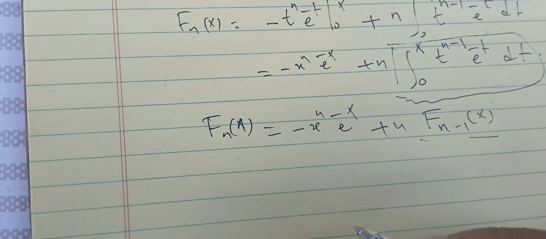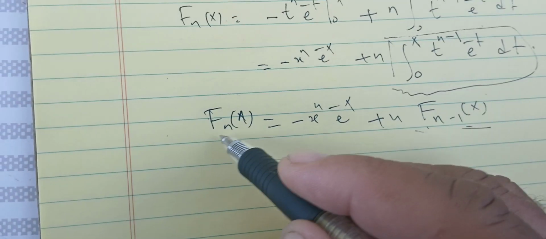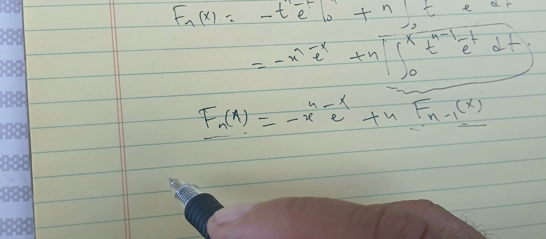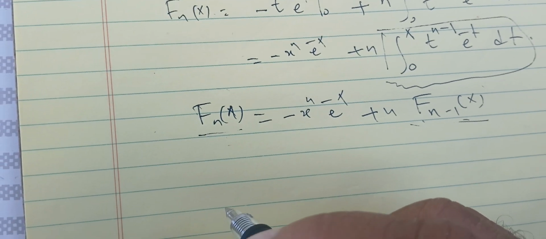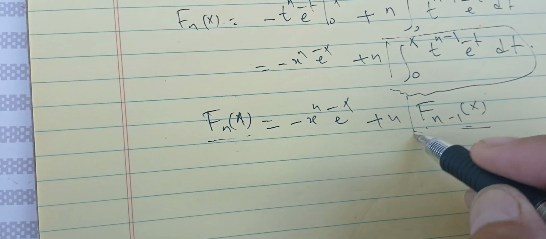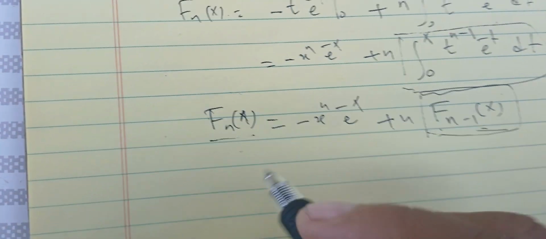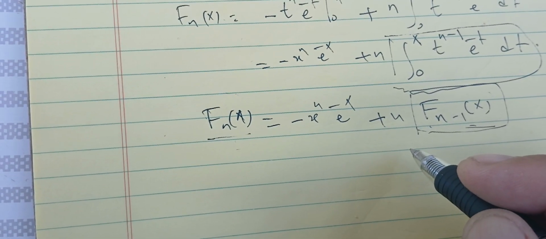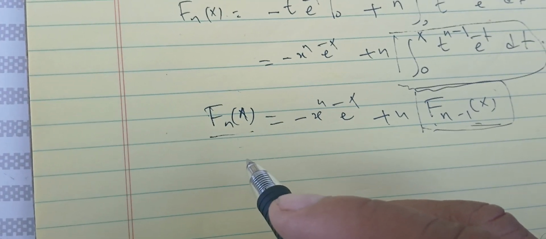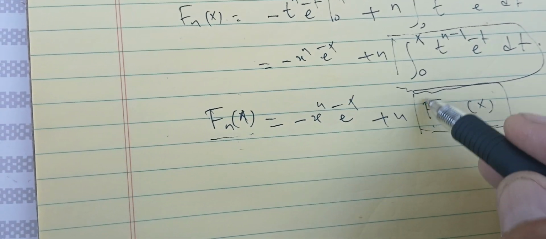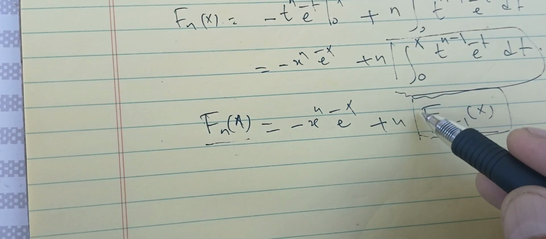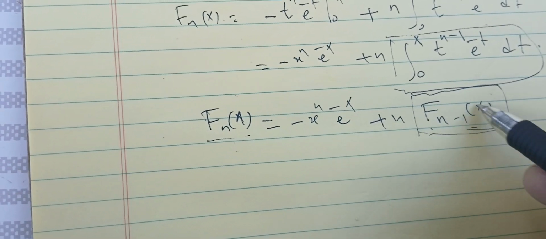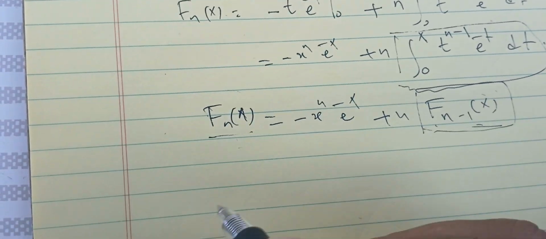We assume that it's true for n minus 1, and we prove that it's true for n. The same thing. So we assume that it's true for n minus 1, and we want to prove that it's true for n. Since it's true for n minus 1, this limit exists.